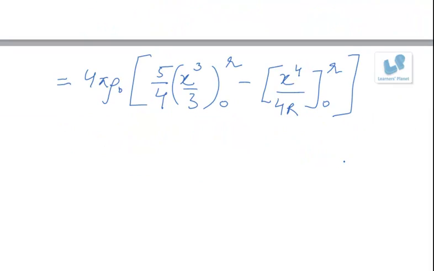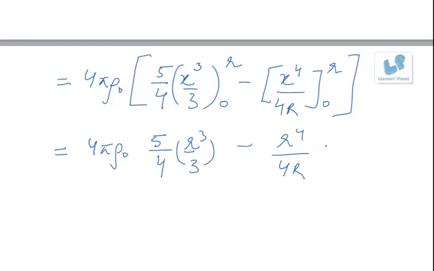Now if you substitute the values of upper and lower limits, you will get 5/4 r cube by 3 minus r to the power 4 divided by 4R.